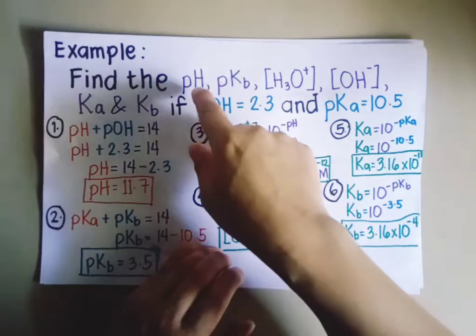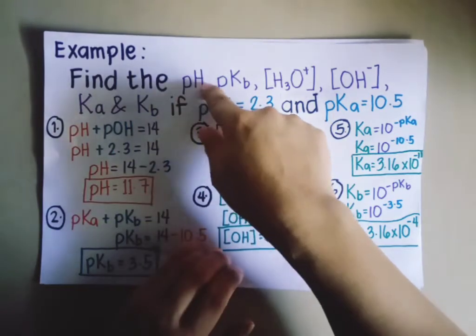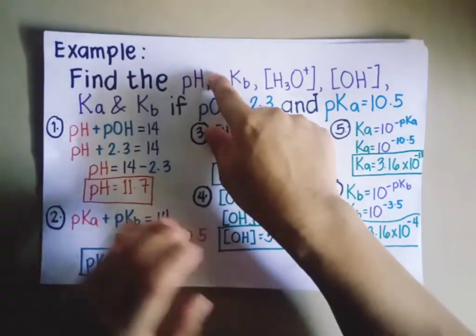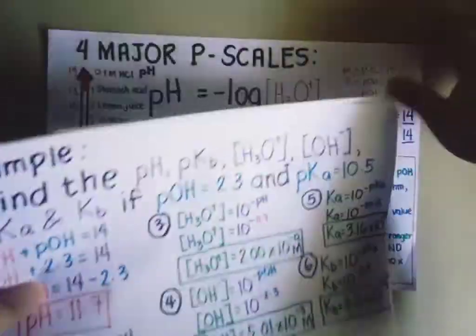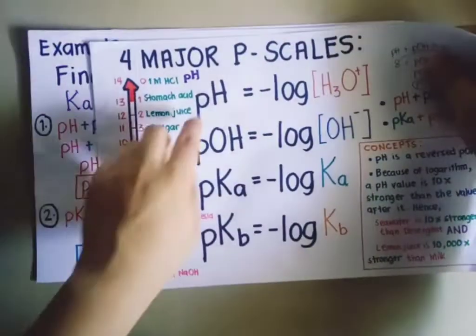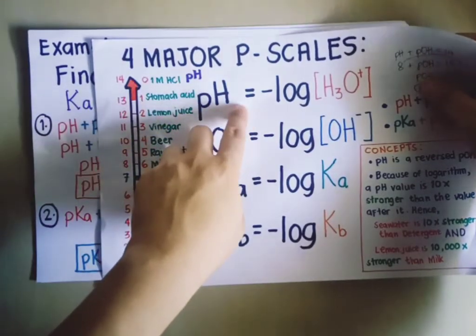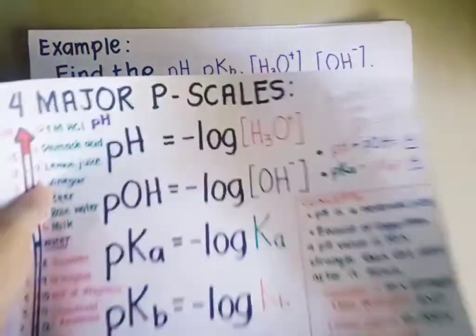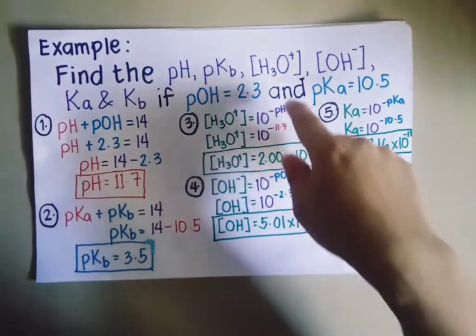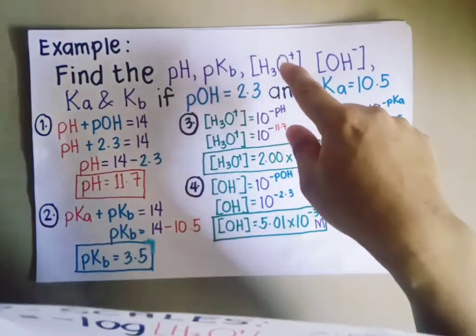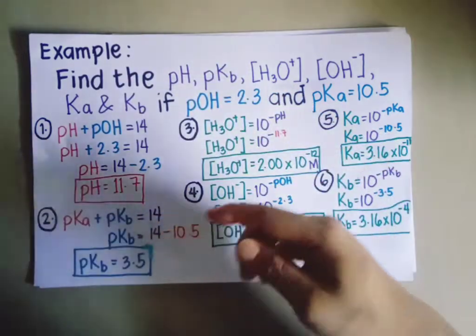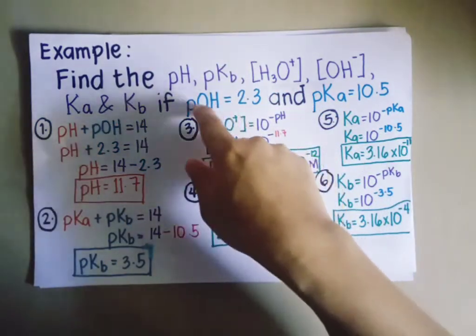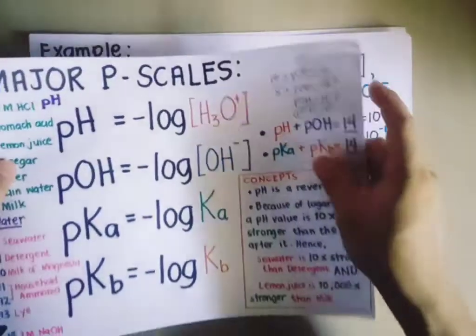So the first thing that we need to find here is the pH, followed by the pKb. For the pH, we cannot directly use this formula, because we don't have the hydronium ion concentration here. In fact, hydronium ion concentration is one of the things that we need to find. So instead, since we have pOH, we can use this formula.